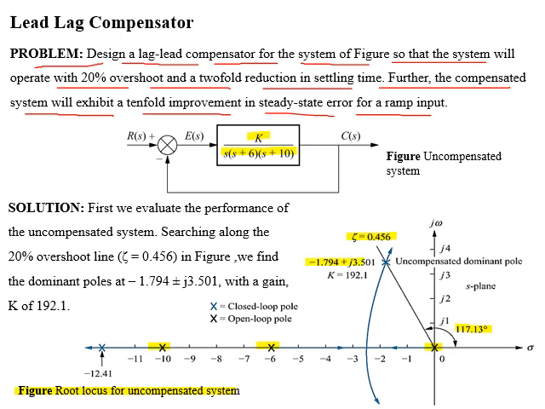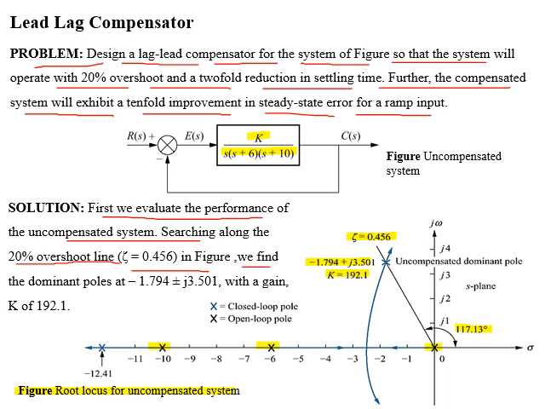And then for overshoot of 20%, we will find the value of damping ratio zeta, which equals 0.456, and corresponding to this we will draw a radial line in S plane with the angle of 117.13 degrees, which is shown in the figure.